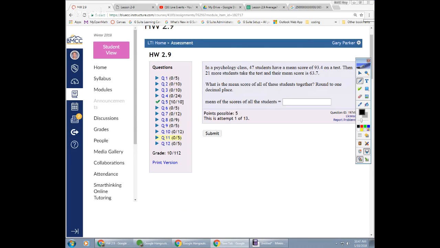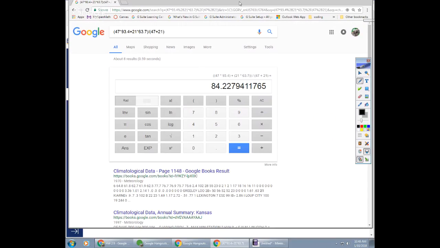I've got 47 times 93.4, and 21 times 63.7. And then you divide that by 47 and 21. I get an average of 84.2-ish. Anyone else get that?